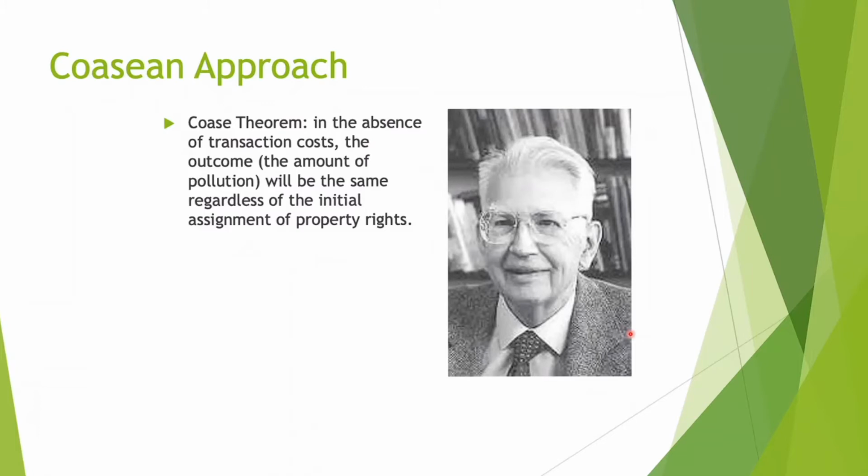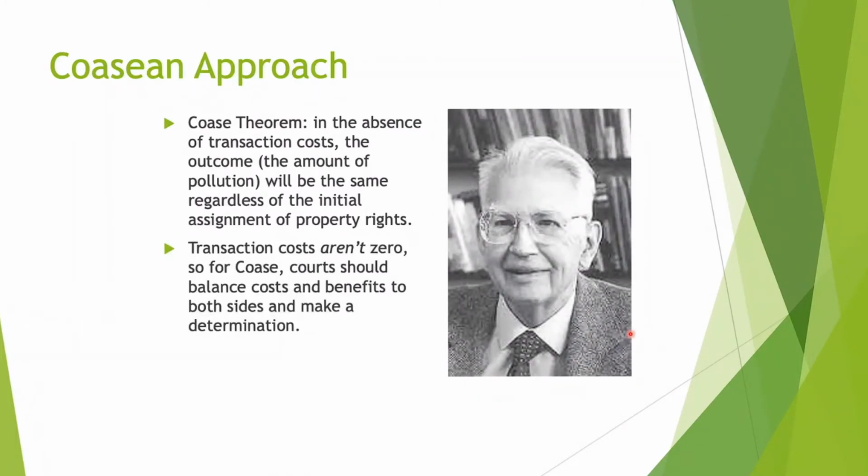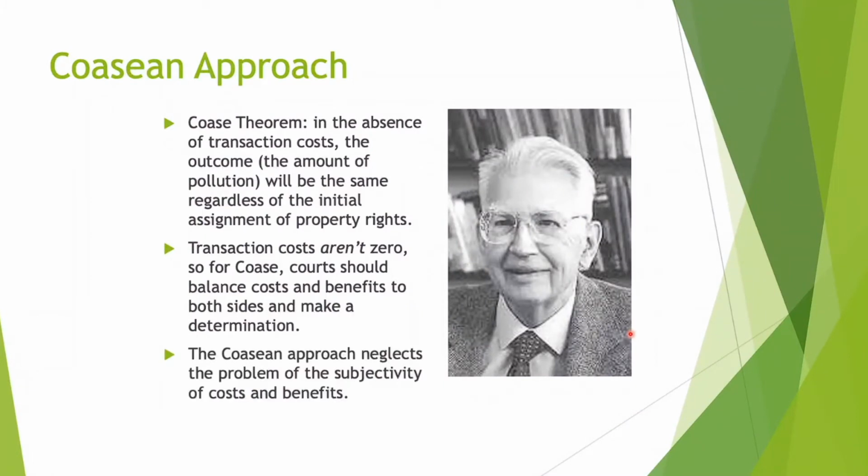But the Austrian approach stands against this Coasean approach because ultimately in a Coasean approach, where you do have transaction costs, a court would have to balance the costs and benefits to both sides and make a determination about who has the rights, and that makes a difference. It neglects the very thing that we mentioned earlier about the subjectivity of costs and benefits. So in Coase's framework, you don't see a perpetrator and a victim.